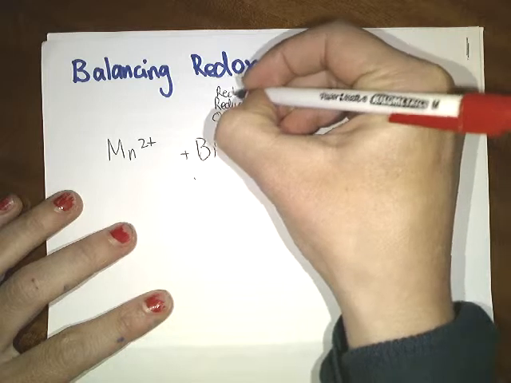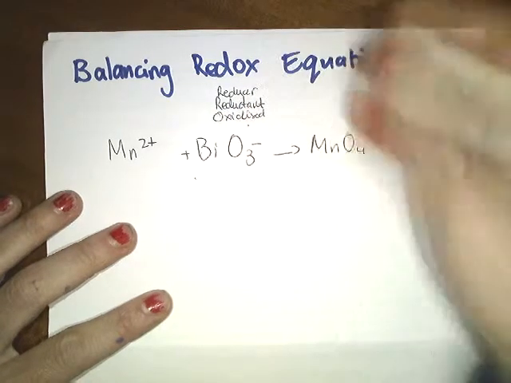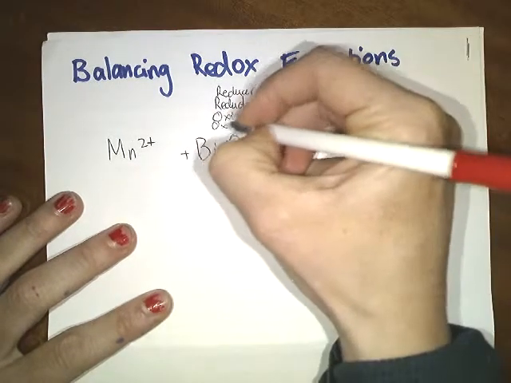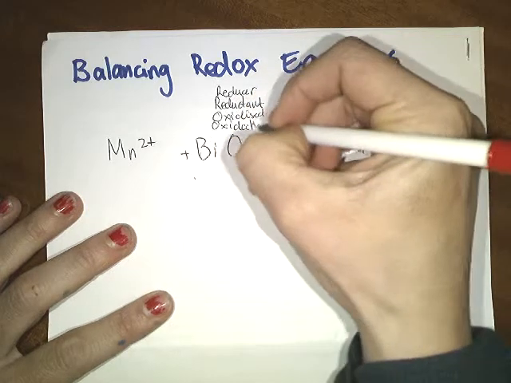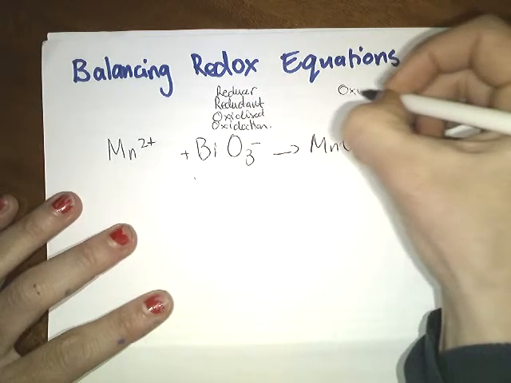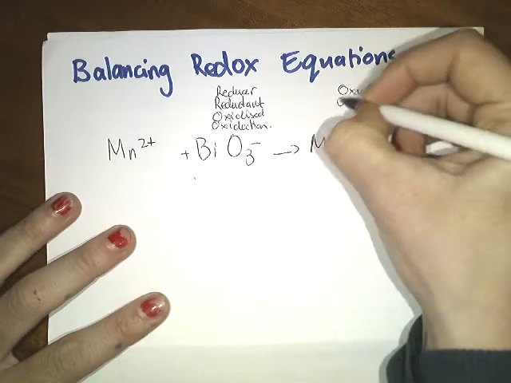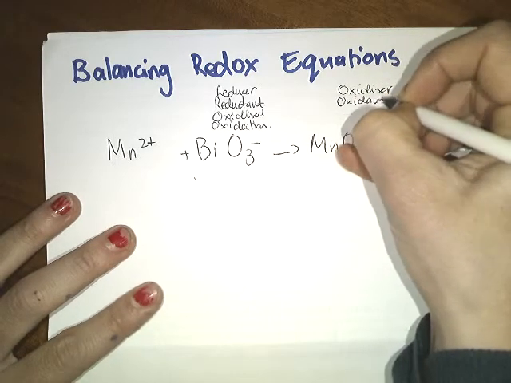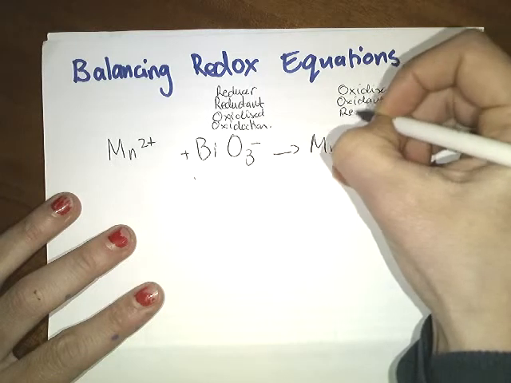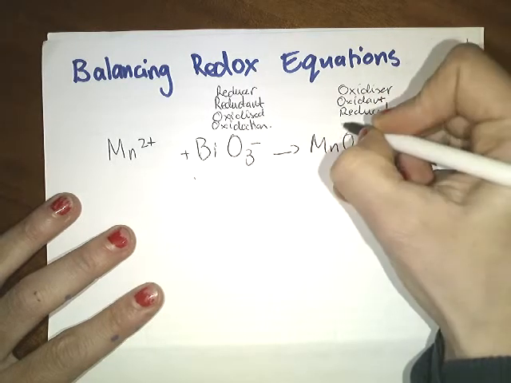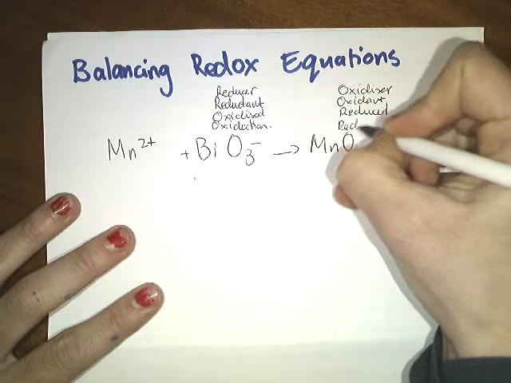You may also call it the reducer, and you may also say it's undergone oxidation. Now the oxidizer is called the oxidant and it's reduced, or you may say it's undergone reduction.